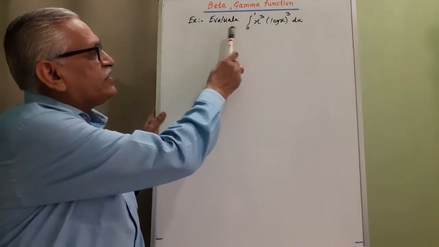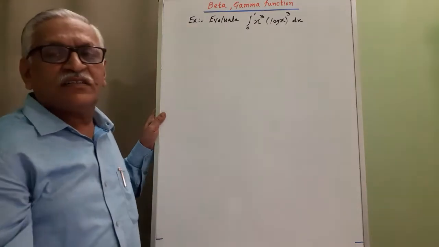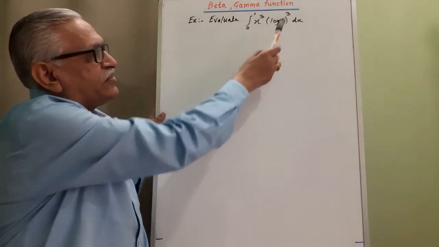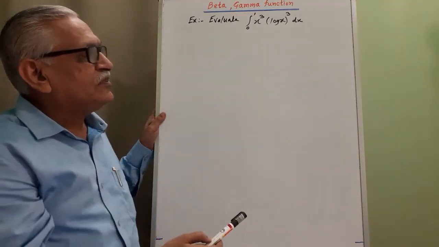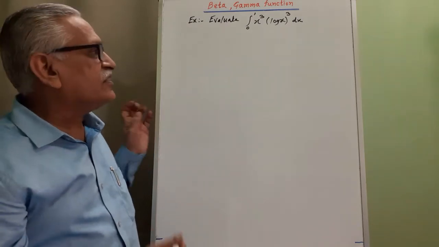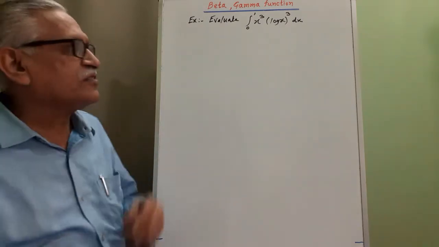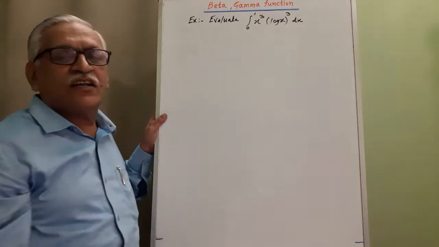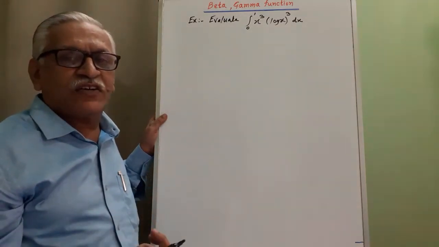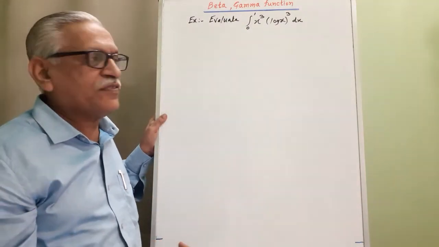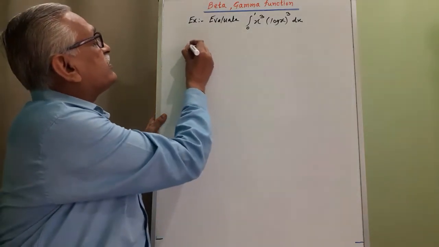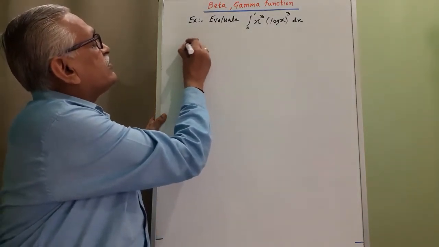Let us evaluate the integral from 0 to 1 of x cube times log x cube, with respect to x. Whenever we have to evaluate such an integral containing a log, we can convert it in terms of the definition of gamma.